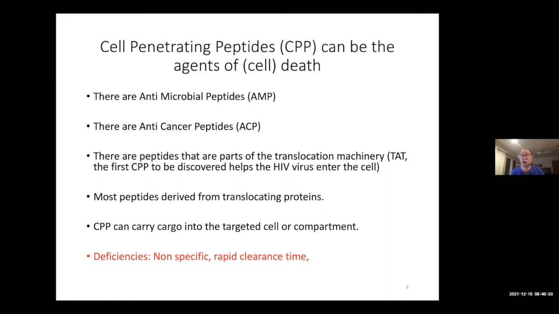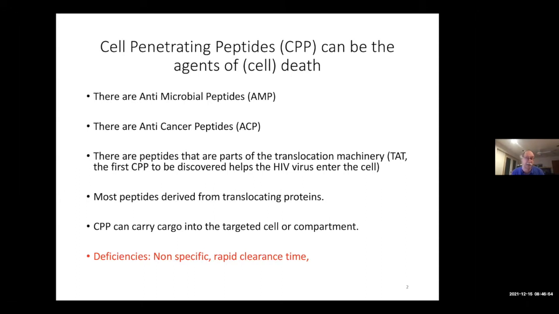It is highly charged, all arginine, and it took a while to figure out what is going on in this particular charged peptide, given that the membrane is really a hydrophobic environment, at least in the center. Most of the peptides, 1,700 of them known today, are derived from translocating proteins.